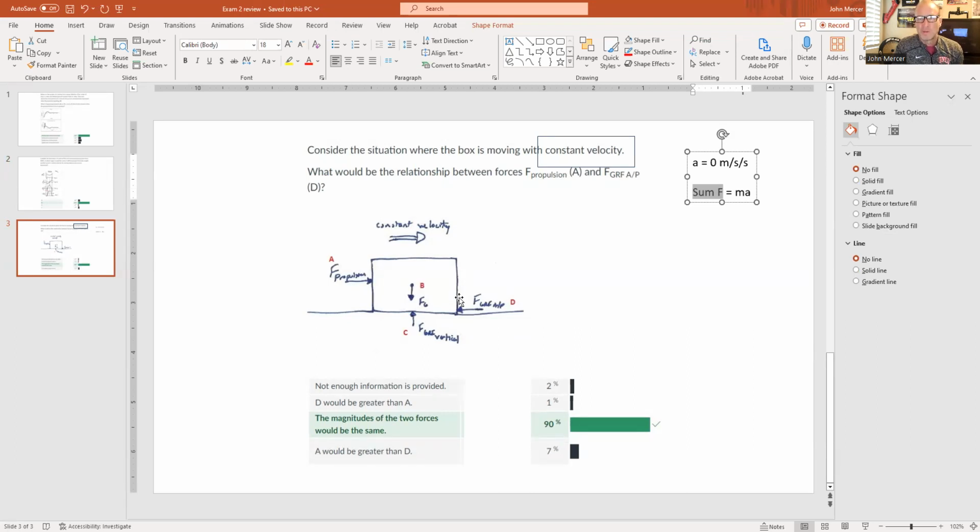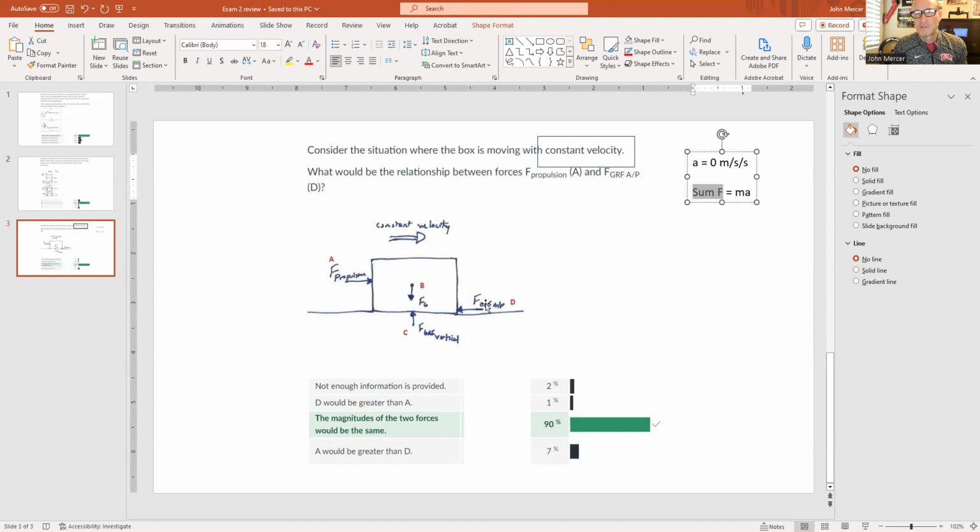So this is another way to change this question: consider a situation where the box is speeding up. What's the relationship between these two forces? Well, now we need to end up with some positive acceleration, which means that the propulsion force needs to be greater than the resisting force.